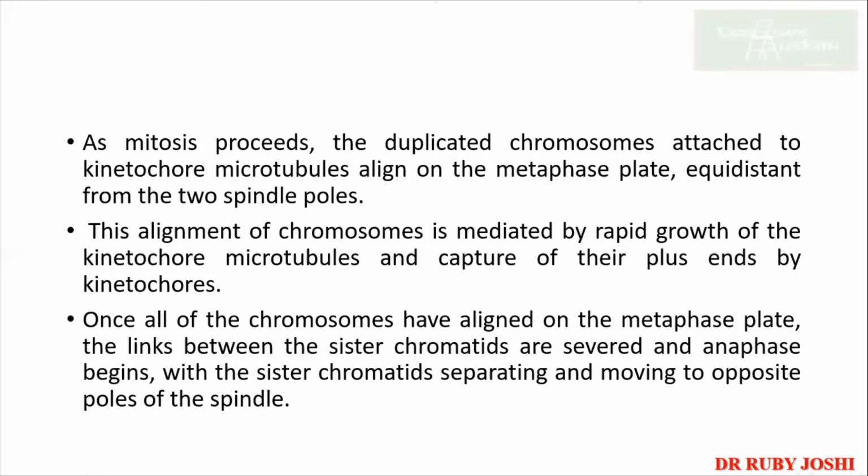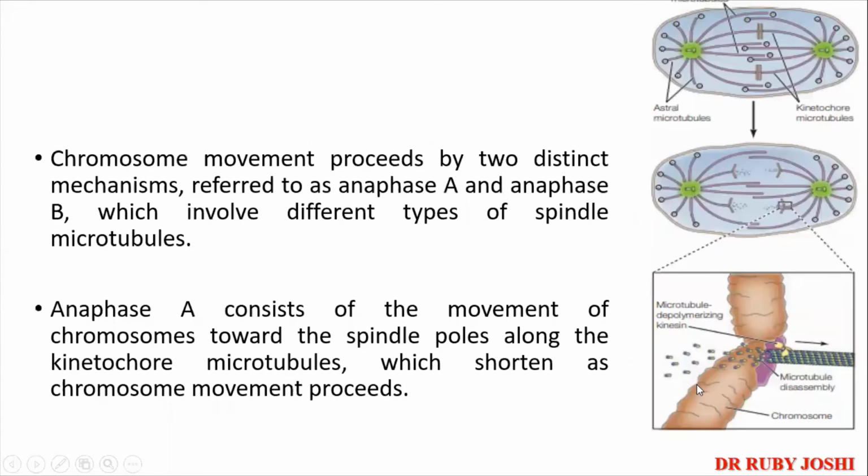Okay, so once all the chromosomes have aligned on the metaphase plate, the links between the sister chromatids, which we will learn later, right? Securin and separase which are present help in breaking the sister chromatids into two, then we get them separately. So with the sister chromatids separating and moving to the opposite poles of the spindle.